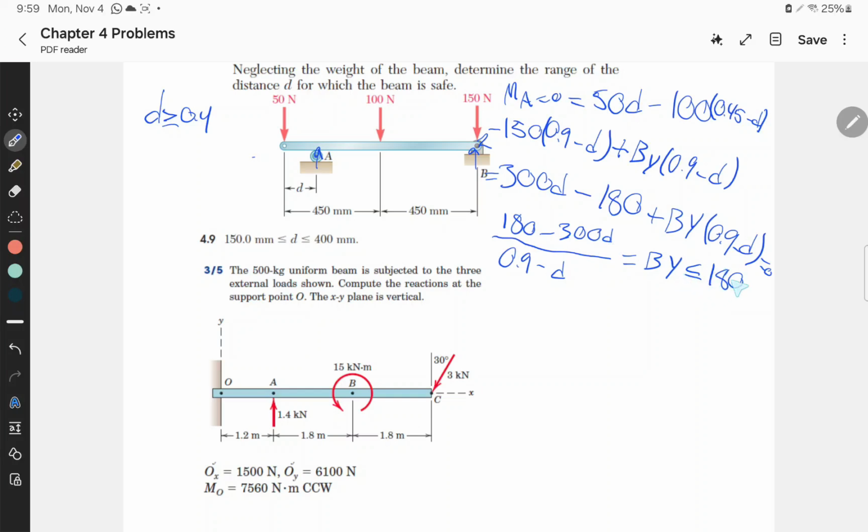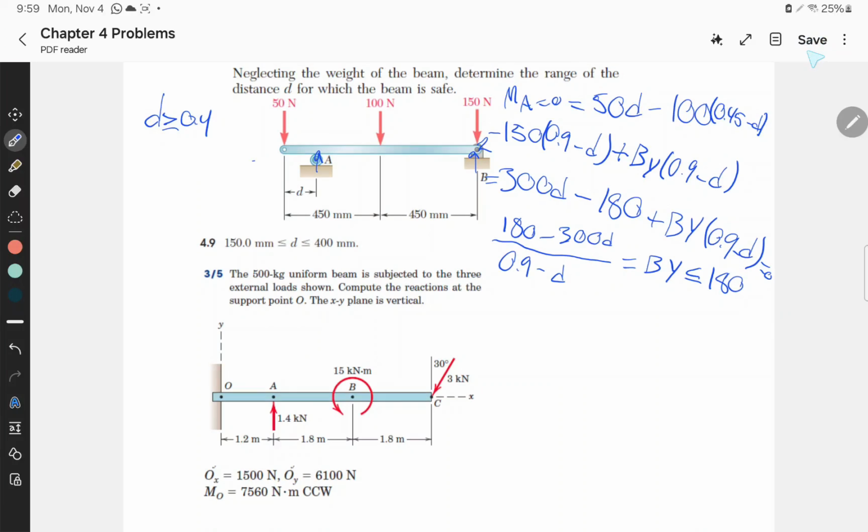I'm gonna multiply this on both sides, and that should give us 180 minus 300D less than or equal to 162 minus 180D. And then I'm gonna move this to that side and put the D's together.